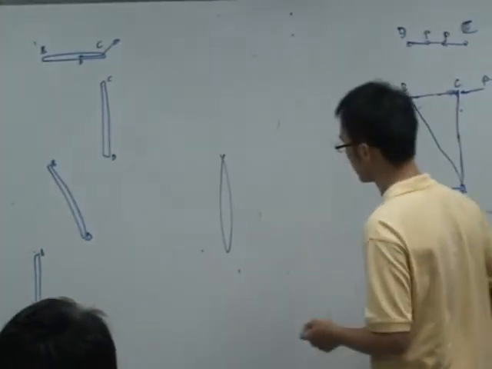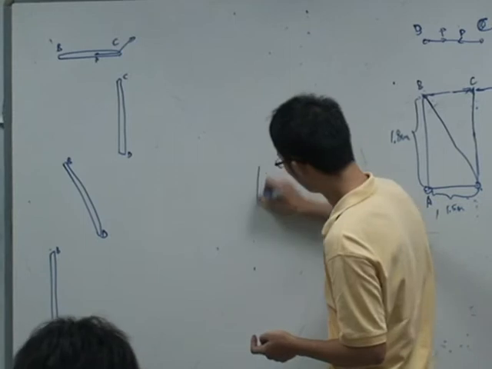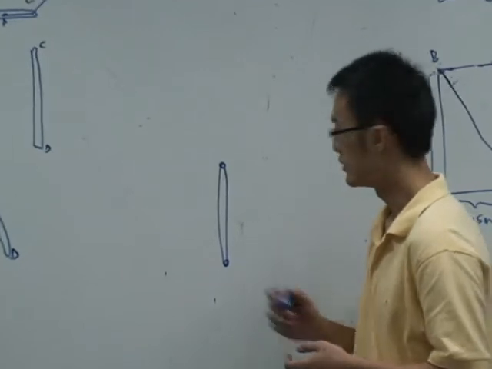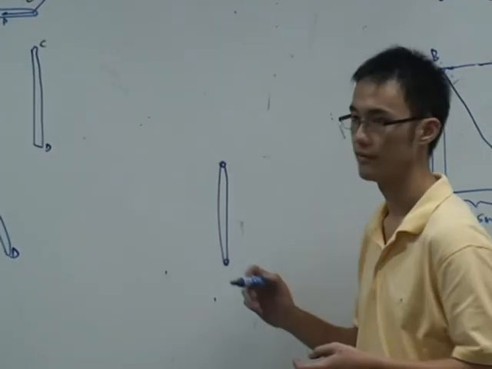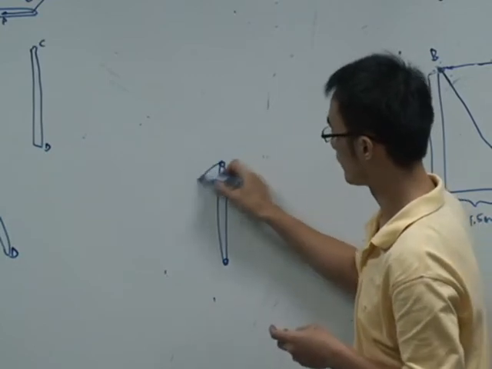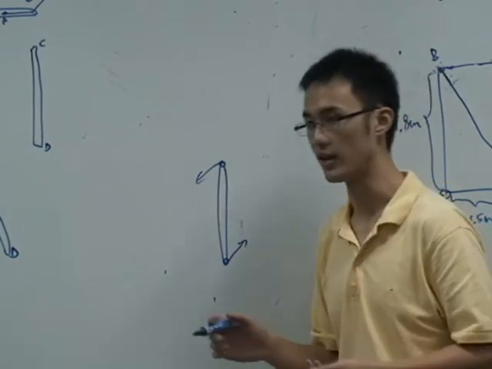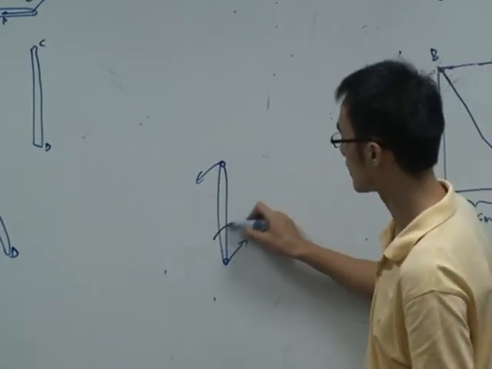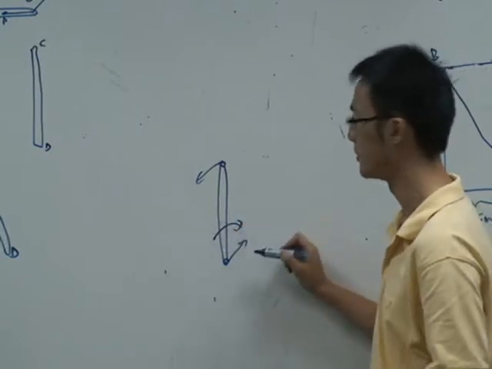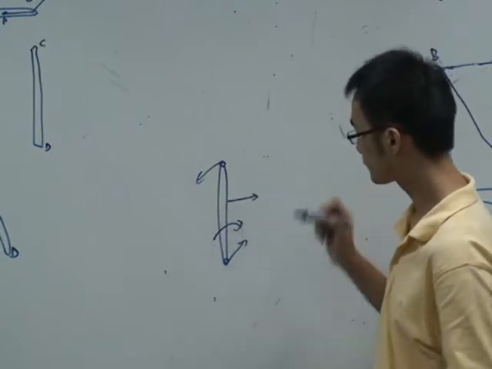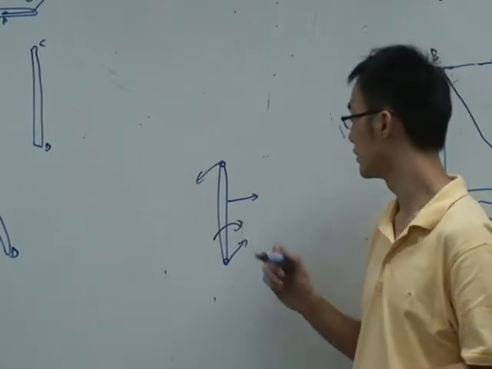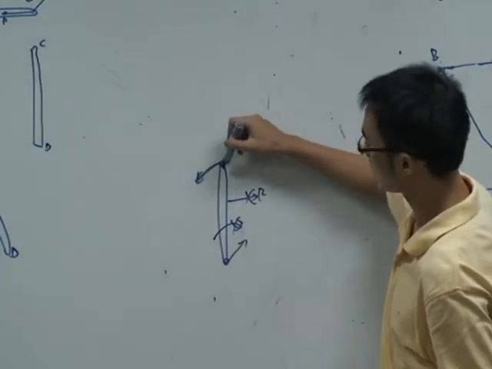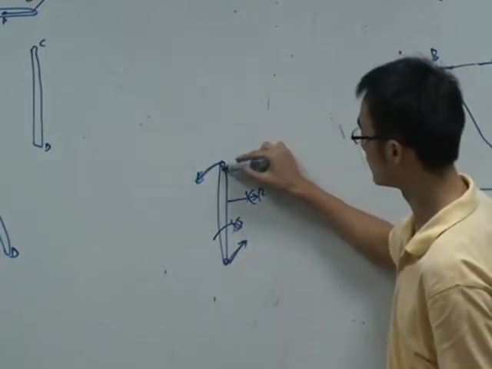For a two force member, okay, if this member itself only has forces at the two ends, and it does not have any external torques or external moment, or any forces in between, then the forces at the ends will be in the axial direction.